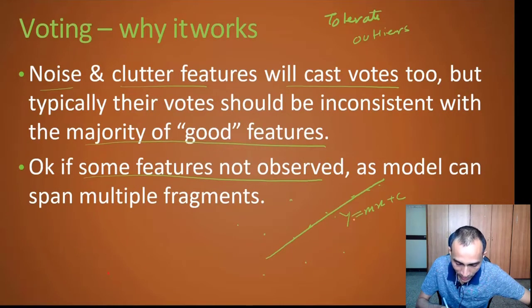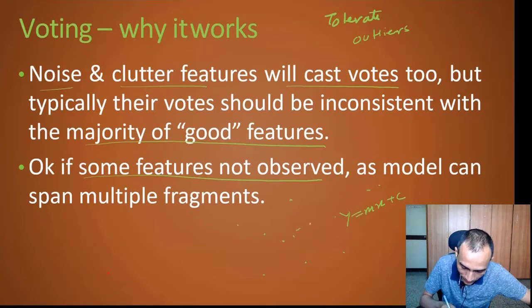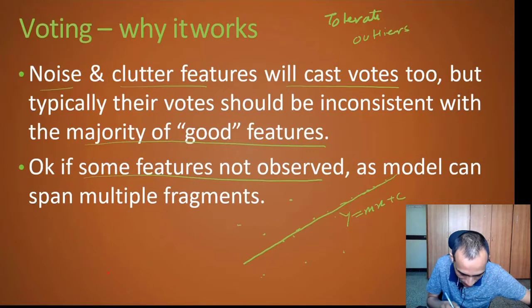Maybe I should not have drawn the line. Let us say there are these feature points. Most probably there is only one line here, and then there are some outliers like this. I should have taken a different color, but it's okay. These points all are going to vote for this particular value of slope and this particular value of intercept. Whereas the outliers may vote for some random lines.